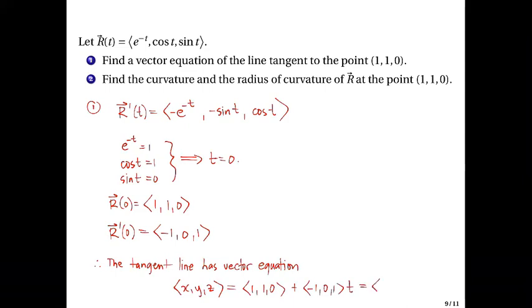Or if you put them into a single vector, we have 1 minus t, comma 1, comma t. So this is the vector equation of the tangent line. So far so good.